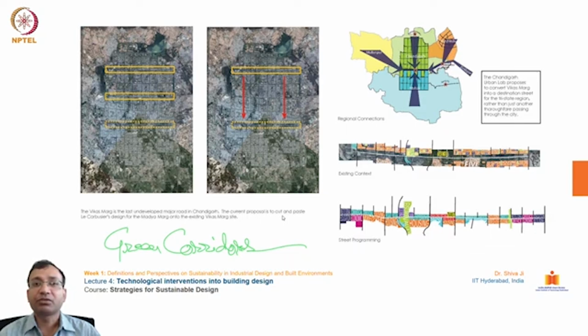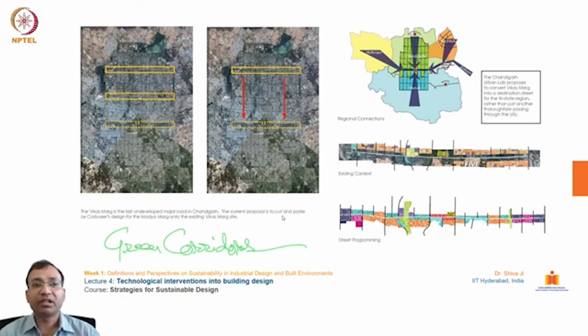He incorporated green strips which crisscross different sectors. These green areas start from one end of a sector, move through the sectors within, and crisscross the entire breadth of the city of Chandigarh.